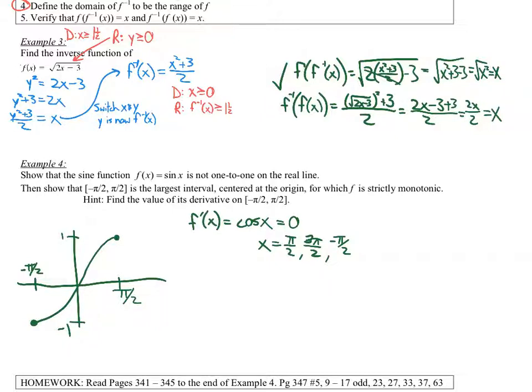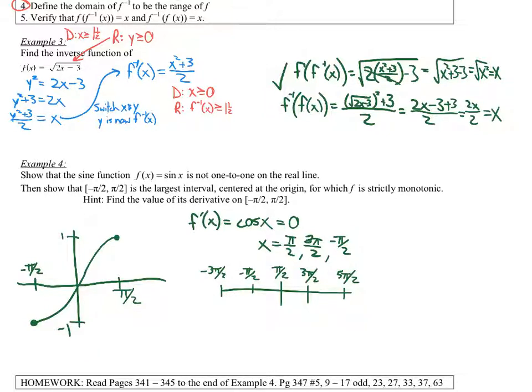Okay, so notice, if I were doing a sine diagram, I could just count by pi over 2's. Pi over 2, 0, or I'm sorry, pi over 2. It has an infinite number of zeros, right? 5 pi over 2. We could go the other way to a negative 3 pi over 2.